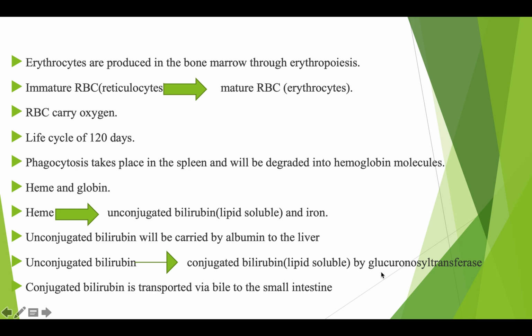There is a deficiency of the enzyme glucuronide transferase. So in neonates, sometimes there will be jaundice in the first few days of life, which is normal, because the liver is not mature enough to convert unconjugated bilirubin to conjugated bilirubin.